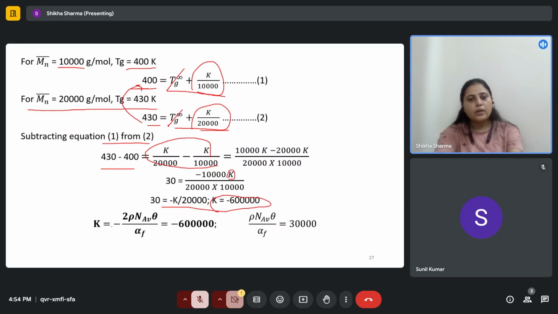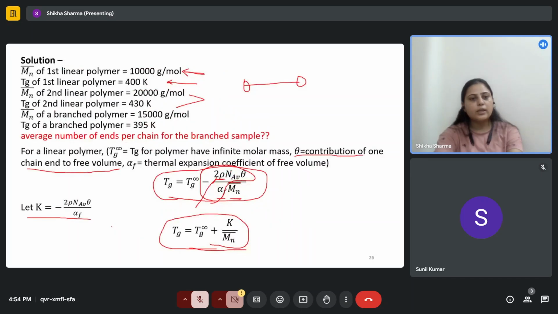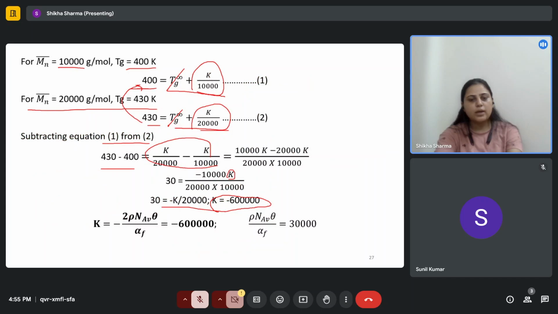And in the previous slide we assumed that K is nothing but this value. So K is equal to minus 2 rho N_AV, the Avogadro number, multiplied by theta contribution, which is y, divided by the thermal expansion coefficient, is equal to minus 6 lakh. So the minus signs cancel, and dividing by 2, we get this value as 3 lakhs.